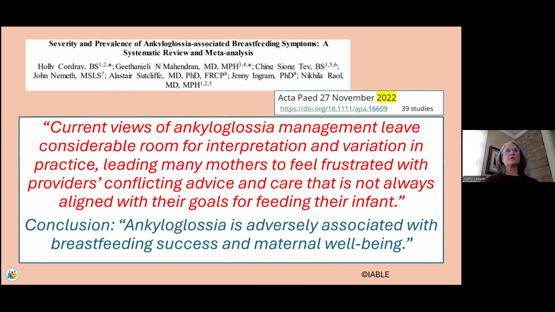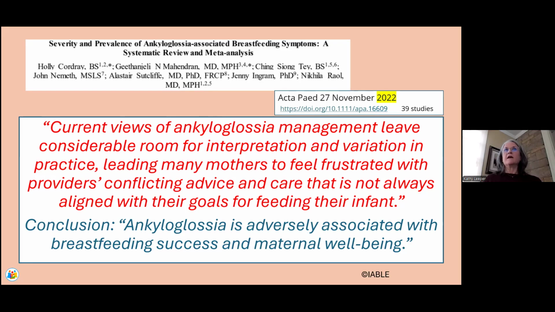This meta-analysis or systematic review, both, I thought was worth noting that in their conclusion, they say current views of ankyloglossia management leave considerable room for interpretation and variation in practice, leading many mothers to feel frustrated with providers' conflicting advice and care that is not always aligned with their goals for feeding their infant, which is not something you usually expect to hear, a rant like that, at the conclusion of a meta-analysis of a bunch of scientific studies.